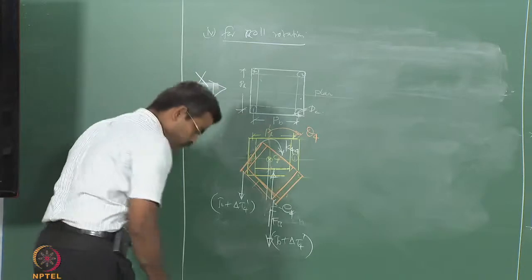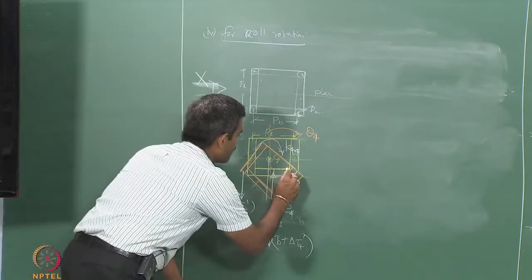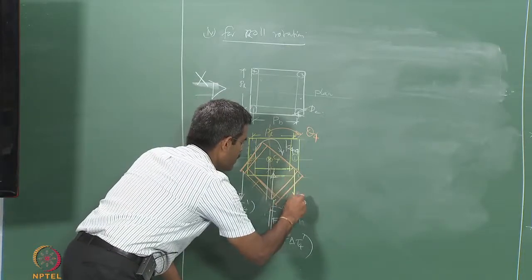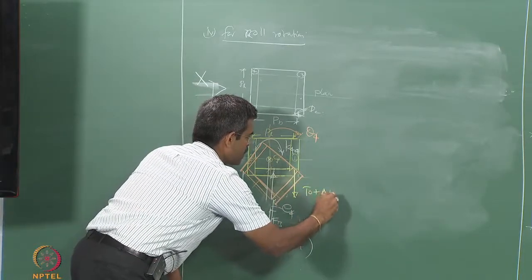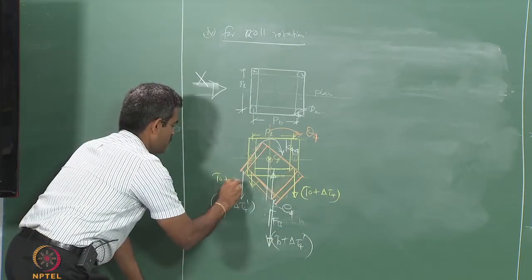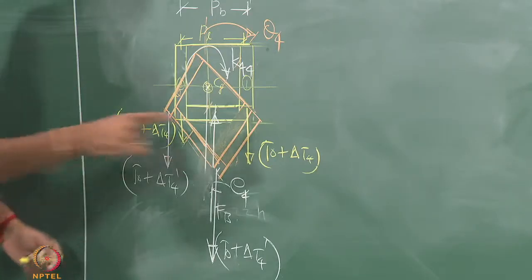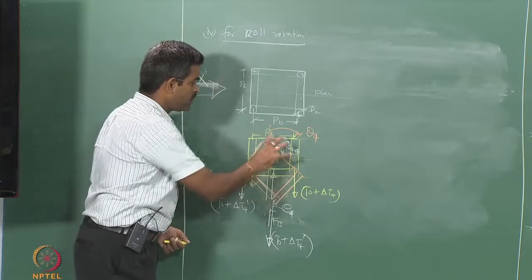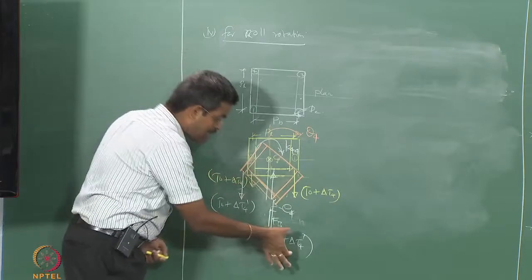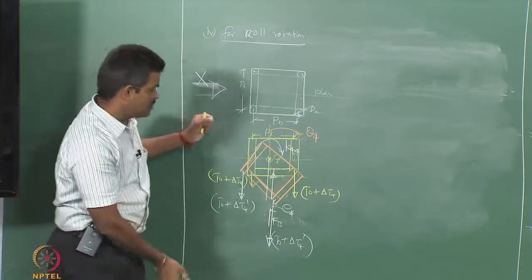Initially they had only T naught plus delta T4 and T naught plus delta T4. Now the difference between the tether tension variation with and without roll is delta T4 dash only. This is what has caused the rotation theta 4.